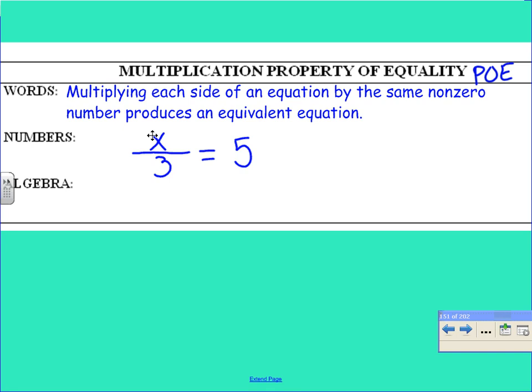So multiplying each side of an equation by the same non-zero number produces an equivalent equation. So we have x divided by 3 is equal to 5. We have a division problem. To undo division, you need to multiply. Anytime you see a fraction, if you multiply both sides of the equation by the denominator, it cancels the denominator.